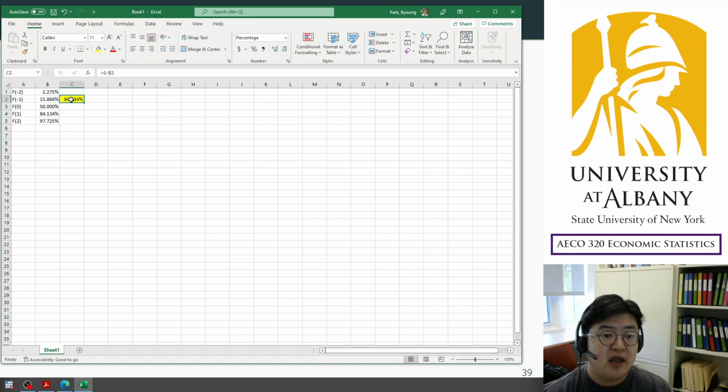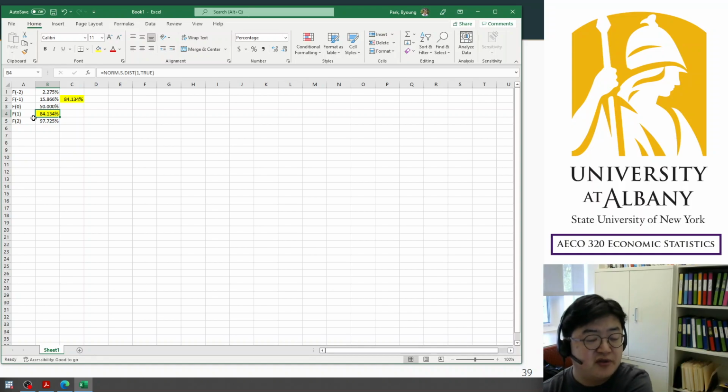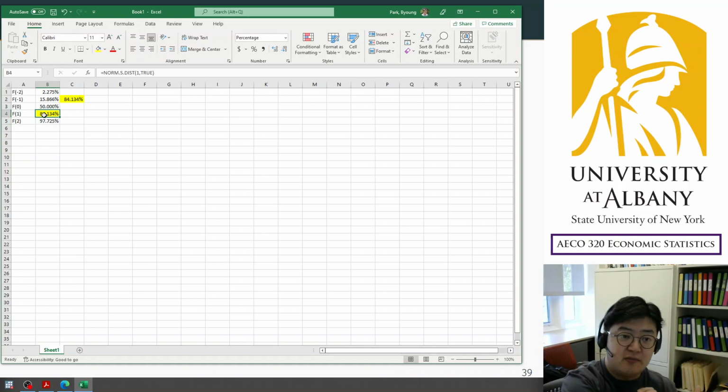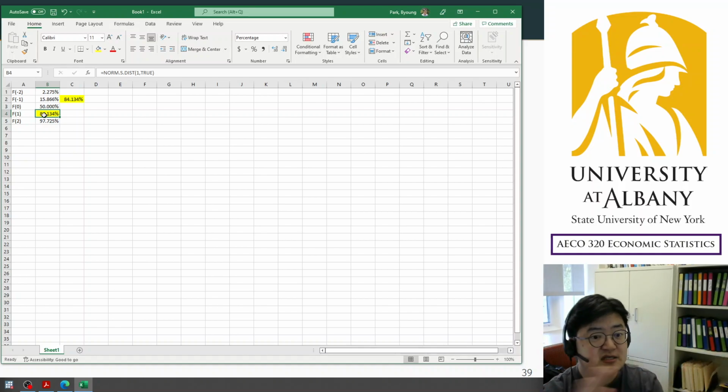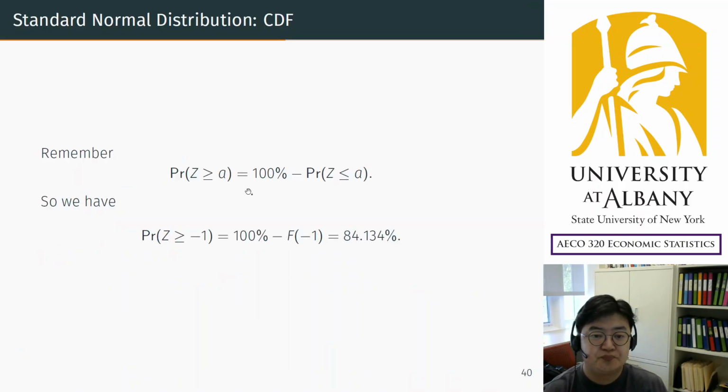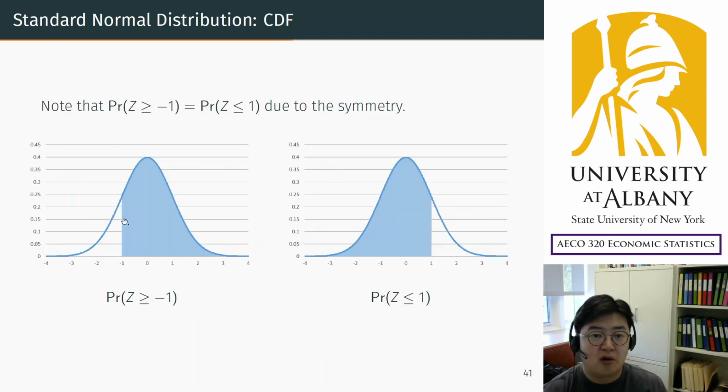Okay? And what you can find here is that this probability is actually the same as probability smaller than +1. So probability greater than -1 is the same as probability smaller than +1, because they are symmetric. So you may use this, or you may use this symmetry.